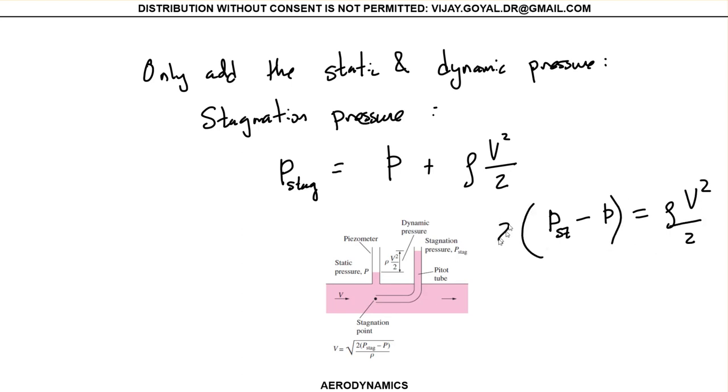Multiply both sides by 2, so this goes away. Divide both sides by rho, so this goes away. Now I take the square root on both sides. That's where I get this expression. So this is what you need to know about the Bernoulli equation, and that will conclude the talk on Bernoulli theory.